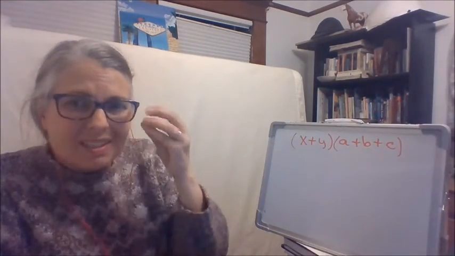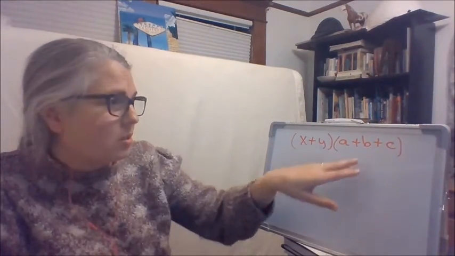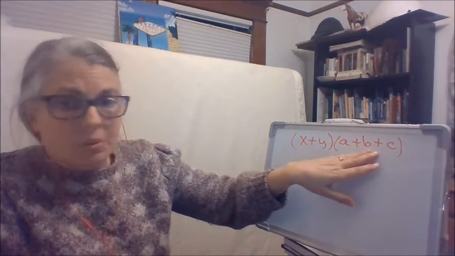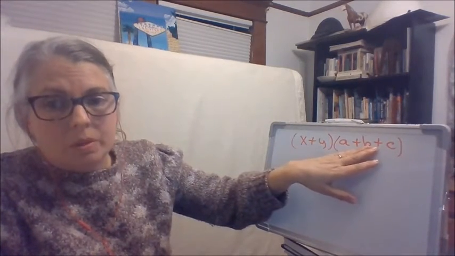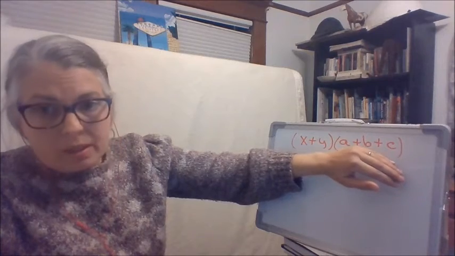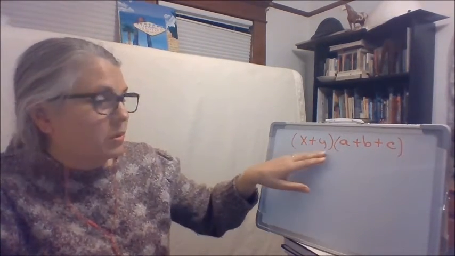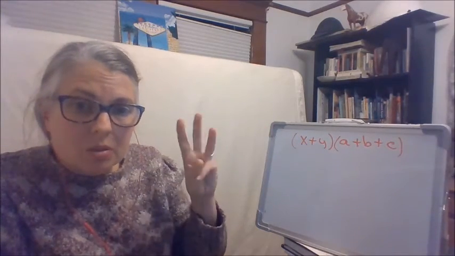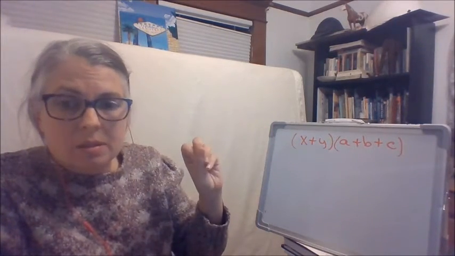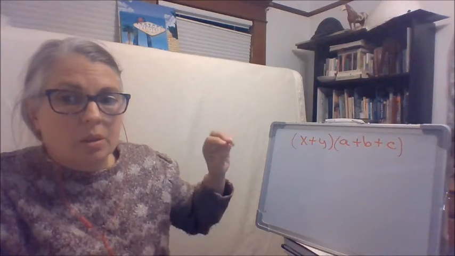This is adding a plus b plus c. And that whole thing, a plus b plus c, is multiplied to x plus y. So if I'm multiplying two expressions together, it's as if I'm finding the rectangle. One side is one expression, and the other side is the other expression, and I'm multiplying them together.